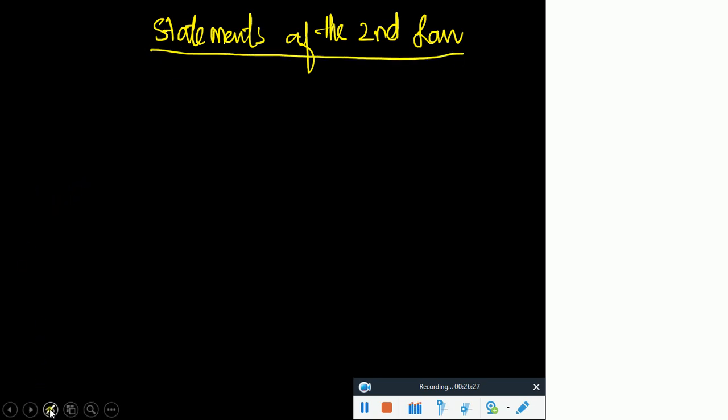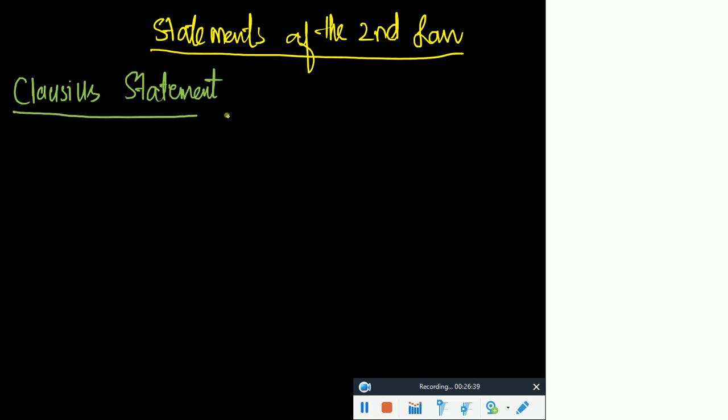First of all, we would discuss this Clausius statement. So Clausius was a scientist who first discussed this second law, and he tried to define it. How does he describe this second law?